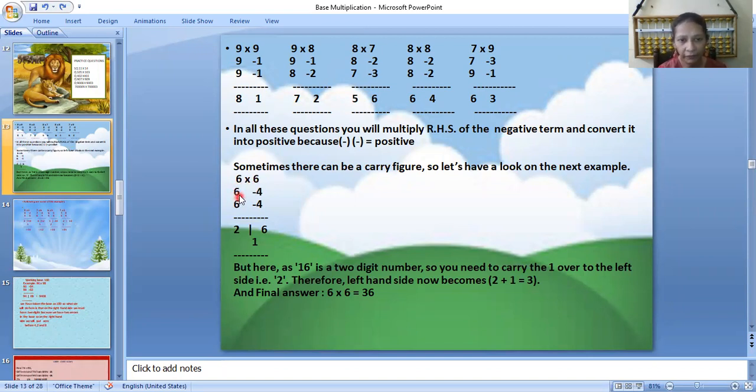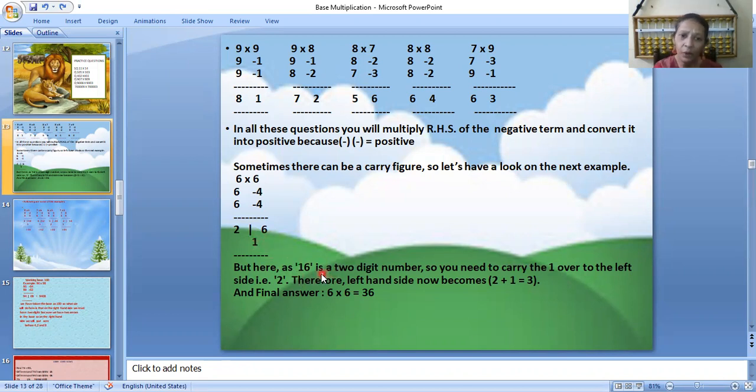I have written 6 into 6 here. 6 minus 10 is equal to minus 4. Here also 6 minus 10 is equal to minus 4. Minus 4 into minus 4 is equal to plus 16. Now I have written this deliberately just to show you that this is 16. Basically this is 16, and I have written it here for convenience. See, this is 1 and 6. 4 into 4 is 16.